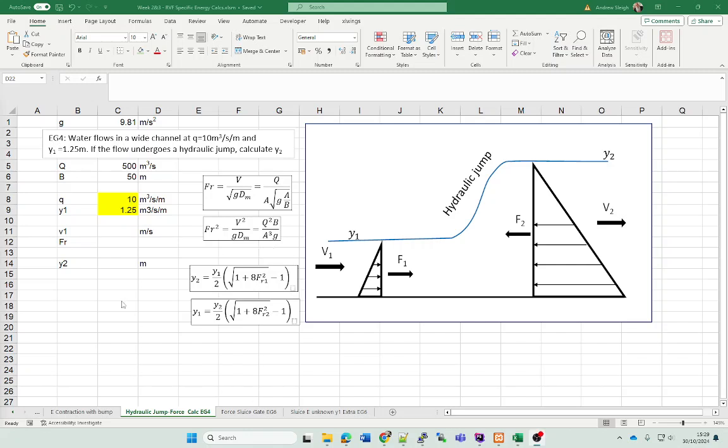Going to now look at an example of calculating the height of a hydraulic jump. Remember that this analysis comes from the force approach to doing calculations in hydraulic flows.